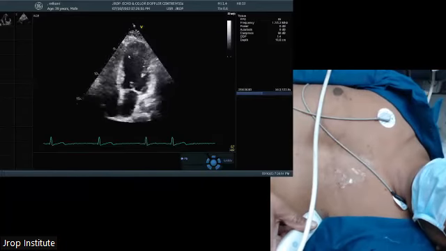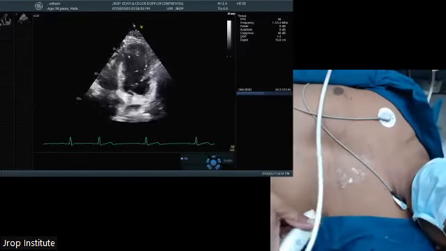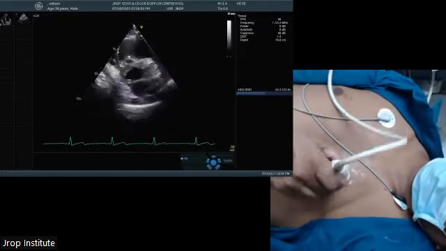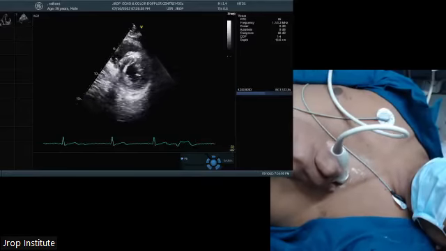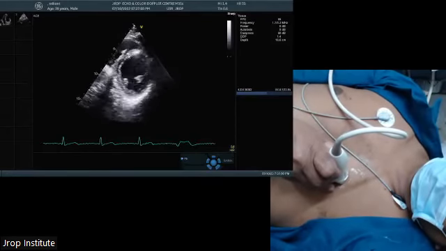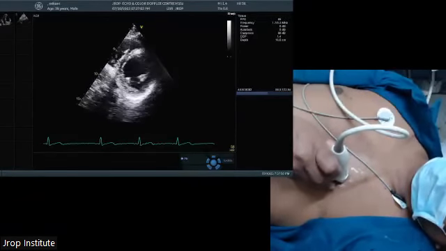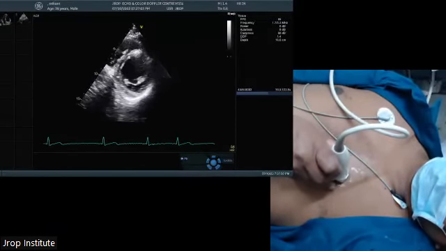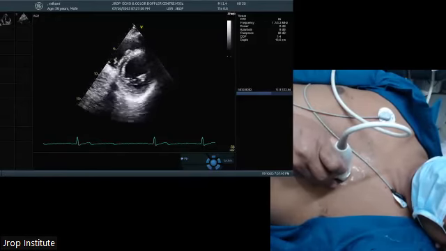Here you might see only wall motion abnormality. But if you go to the short axis view, you may not see any wall motion abnormalities because there the radial and circumferential fibers are working. So they try to compensate. You have a normal ejection fraction, but if you go by two-dimensional strain, the GLS is low.